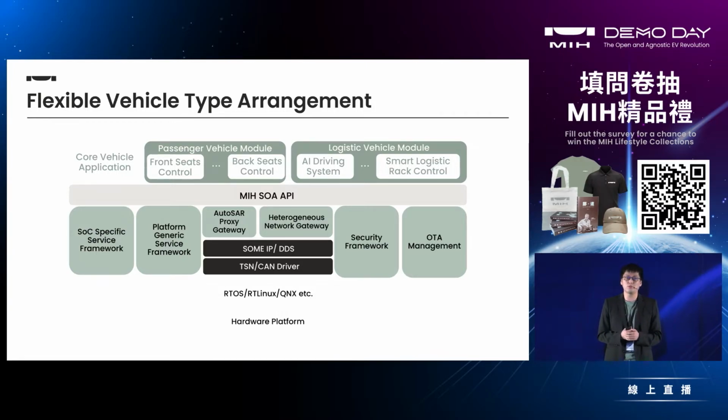And once we want to build a passenger vehicle, we can use the combination of the application, like the passenger vehicle modules, like the front seat control modules, combine them together to build the passenger vehicles. And on the logistic vehicles, maybe you need the robot logistic vehicles, then you can use the AI system and the smart logistic direct control subsystems.